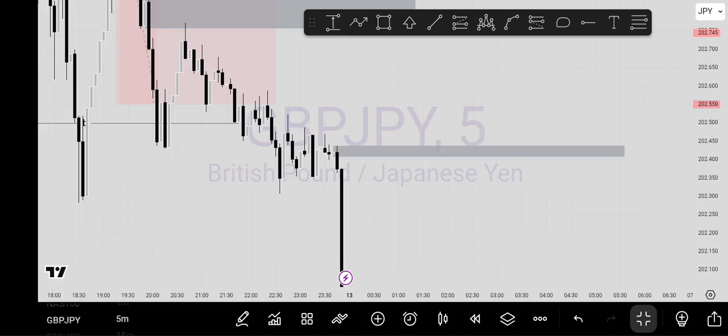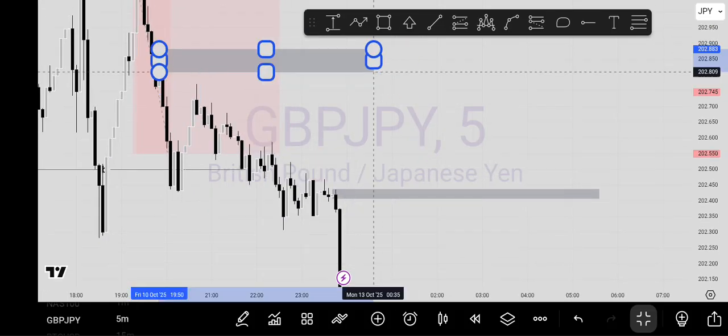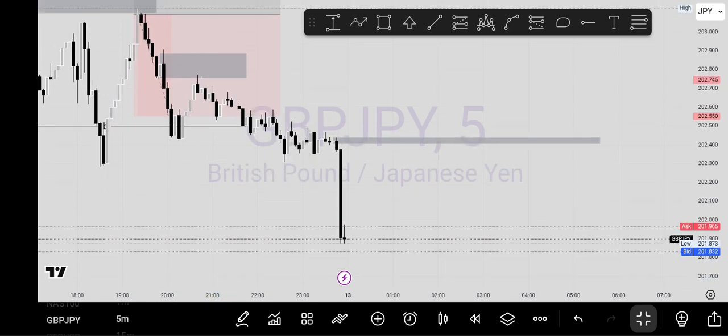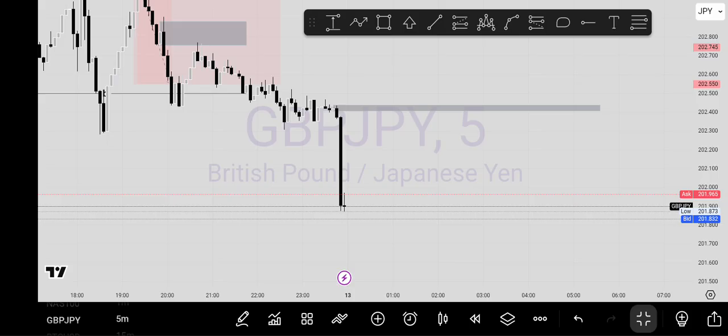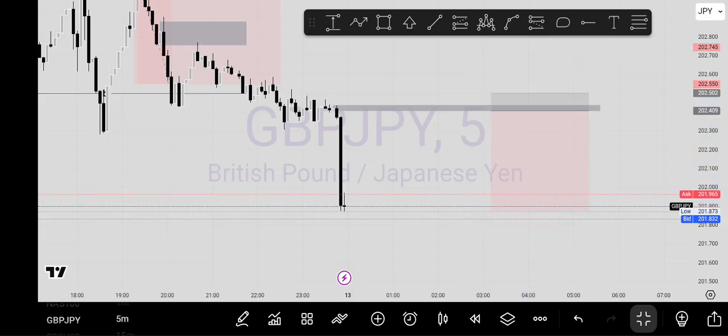We can either look up here, but up there is already mitigated, so low chances of the market coming back up there. So we just look for the market to come at least to this zone, then we take our sales, and your stop loss should be just a few pips below the order block.